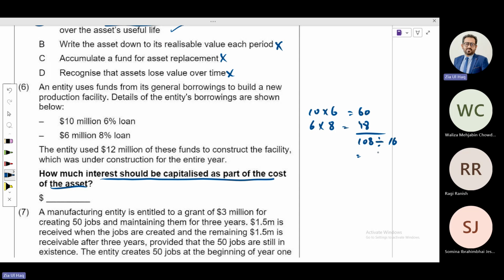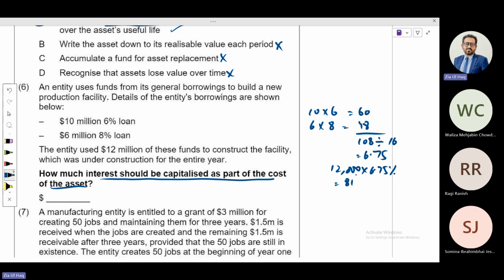Can you calculate the interest rate, please? 108 divided by 16. 6.75. How much amount have you used? 12 million. So 12 million into 6.75%. How much is that?